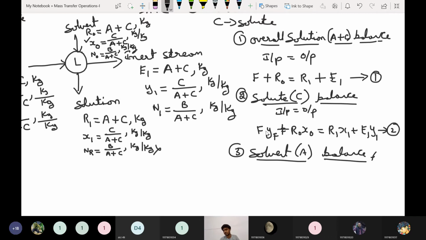Solution means A plus C. When we have to define for solvent, we can omit solute from this. From the overall solution, if you omit solute, what is left will be only solvent. So it is very simple.